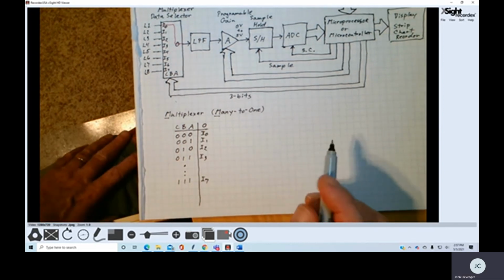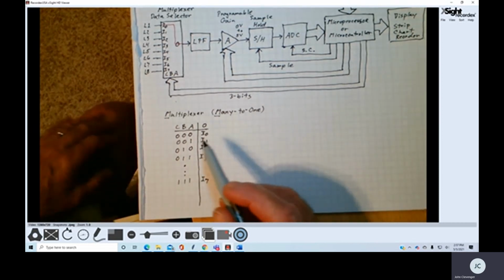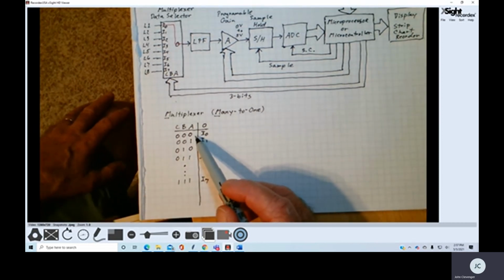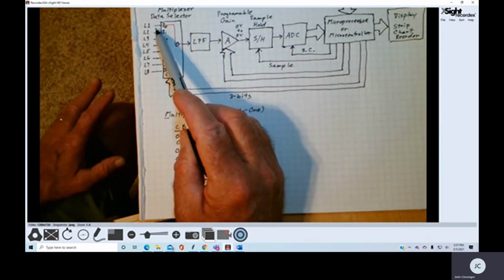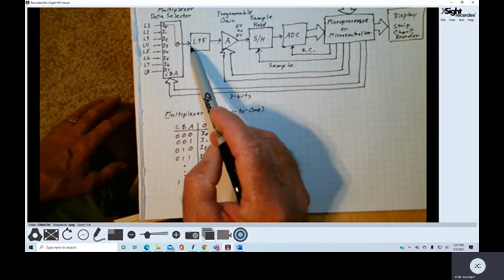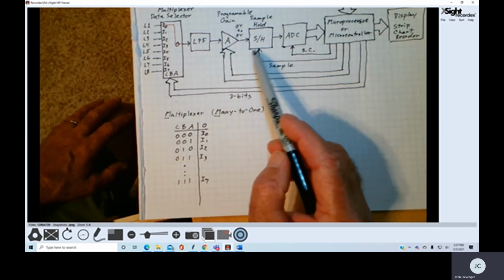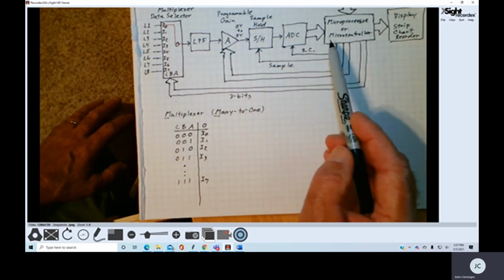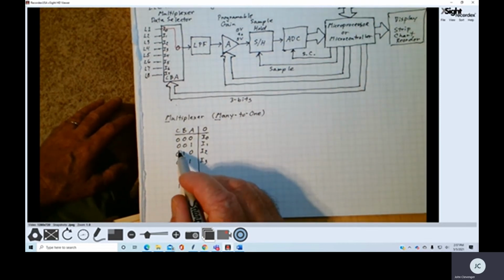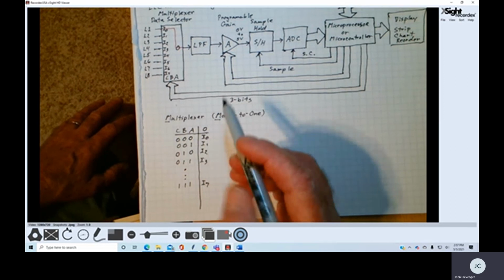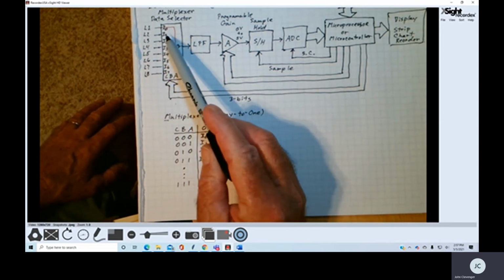So what the microprocessor is going to do is first put the 0, 0, 0 on the CBA lines, and the voltage from lead 1 will be passed to the low pass filter. We amplify it, we sample and hold, we convert it to a digital number, we store that number in memory, and then the microprocessor would output a 0, 0, 1. The voltage from lead 2.